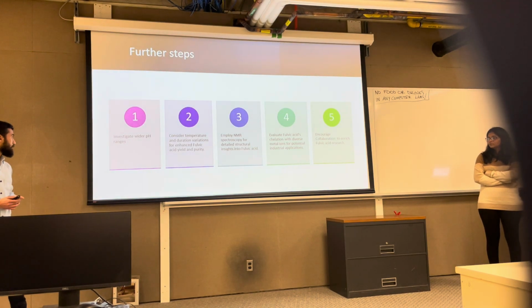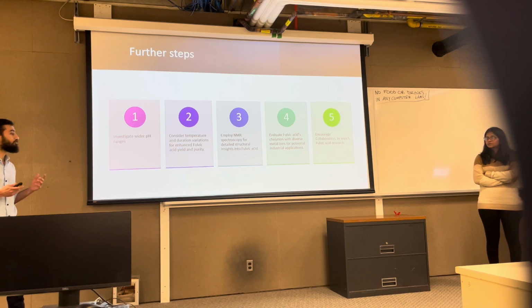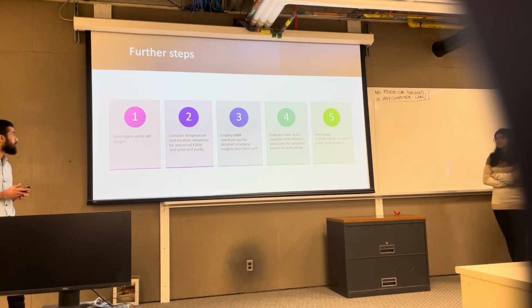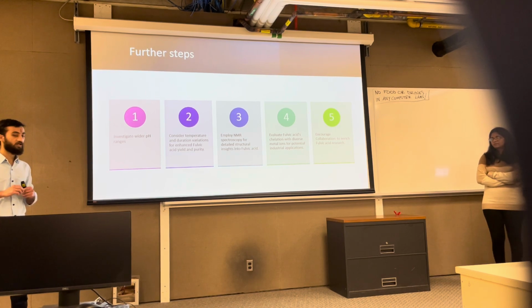As a further step, future students can investigate wider pH ranges. Although we tried many pH ranges, future students can use different pH values beyond ours. Another thing is they can use different temperature ranges and duration time for more yield content.